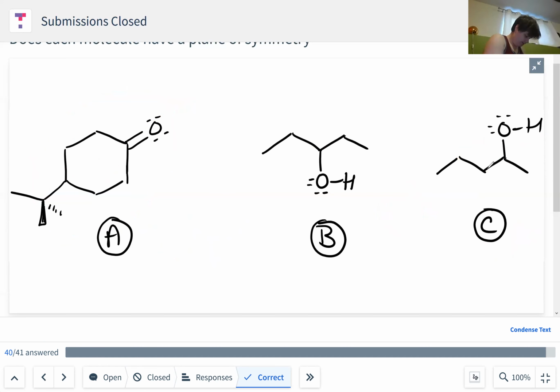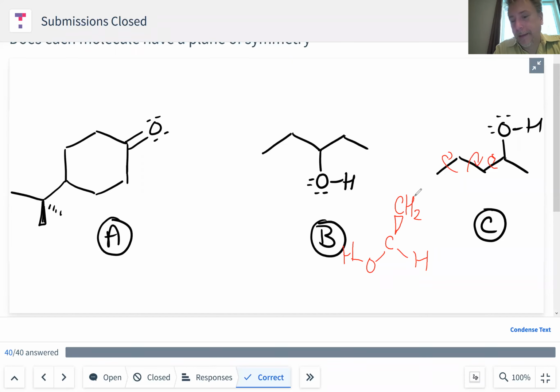Okay. It's true that these bonds can all rotate, and that you could draw a conformation in which there isn't that mirror plane. But the question is, in molecule B, you could have it so the carbon's here, H is here, OH. You could have it drawn so that it's CH2 and then the CH3 is pointing over in this direction, and that the CH2 and then the CH3 is over here.